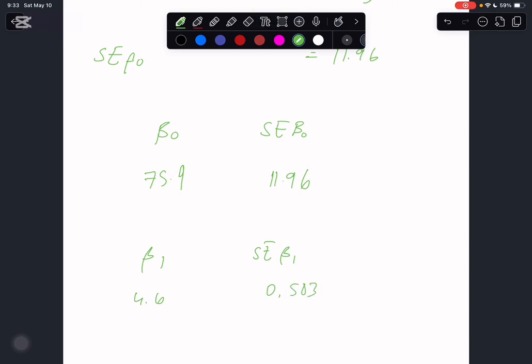The original number must be bigger than the standard error to say that it's statistically significant. Here B0 is bigger than it and B1 original is bigger than the standard error. So we can conclude that it is statistically significant, at 0.05. There's a statistical significance of 0.05.